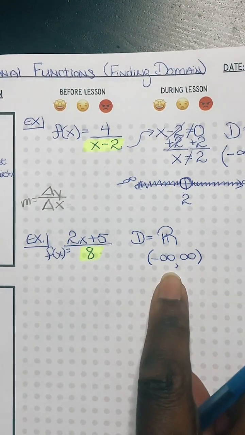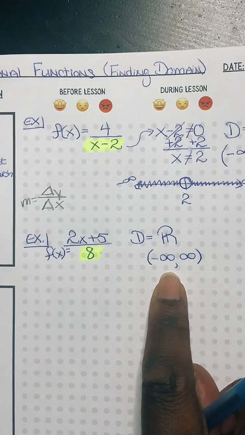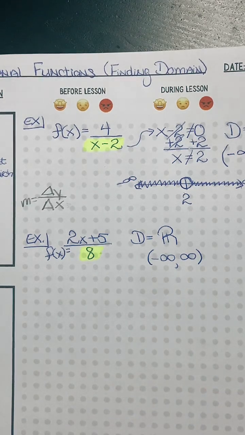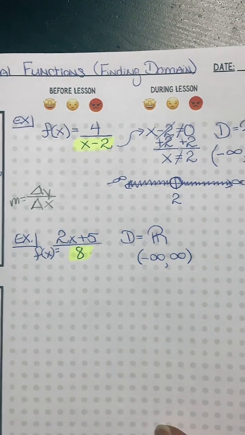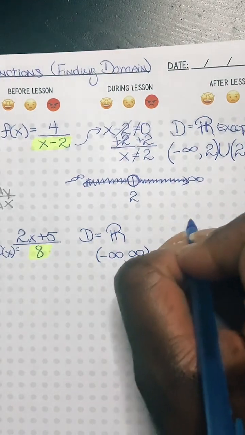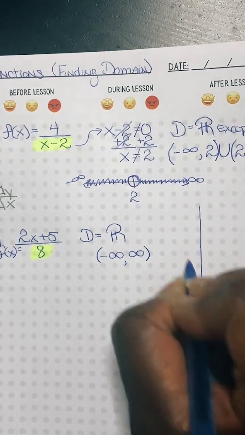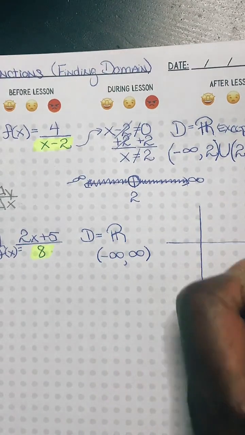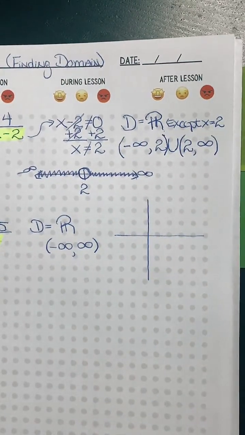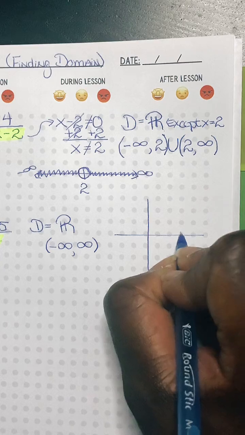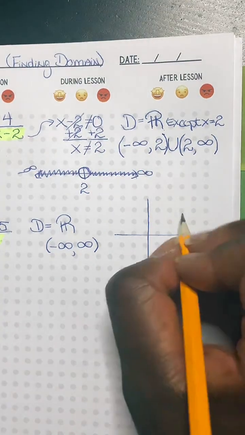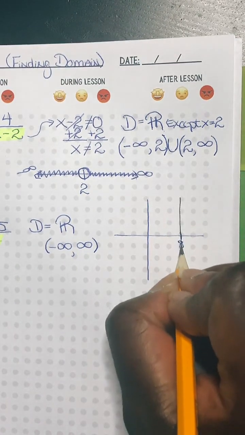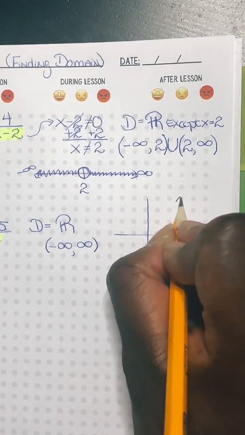You don't need to have a union because there's no break. There's no break in between. So if I drew it as a graph, it would look something like this. So say that this is where 8 is. All of my x's are repeating.